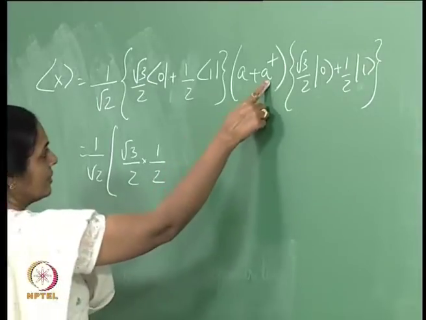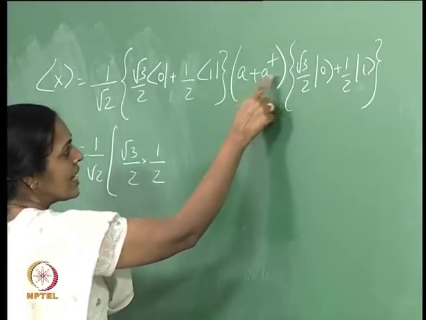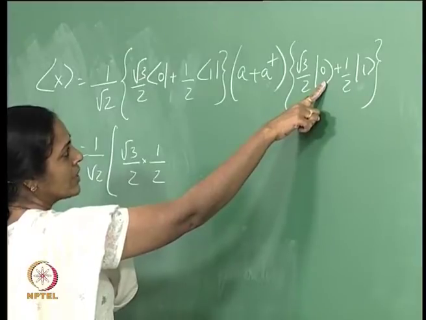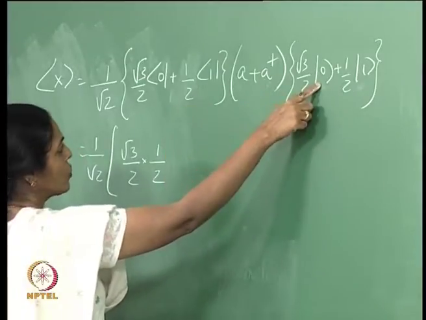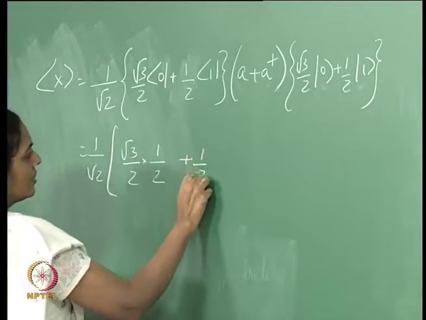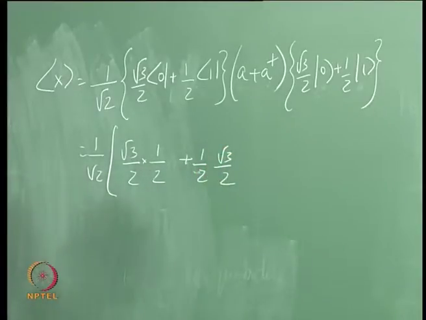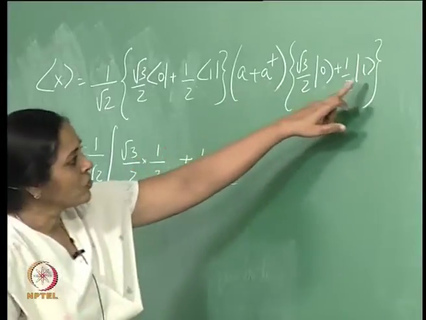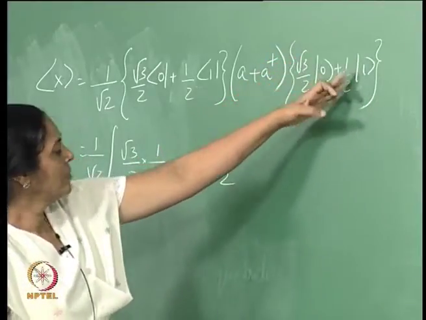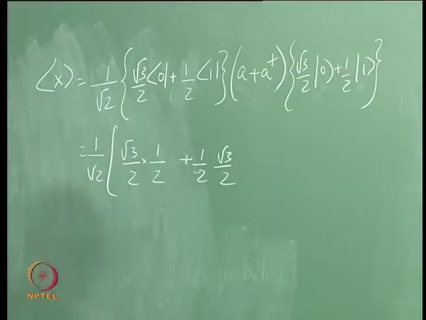Now look at A dagger. A dagger acting on ket 0 takes it to ket 1. So there is a contribution from here. There is no other contribution, because when A dagger acts on ket 1, it takes it to ket 2, which is orthogonal to both of them.